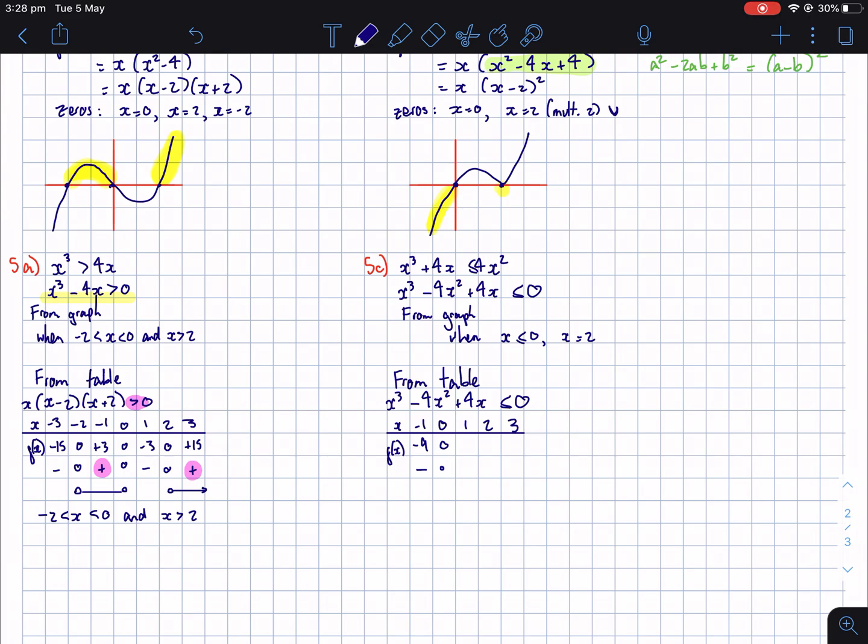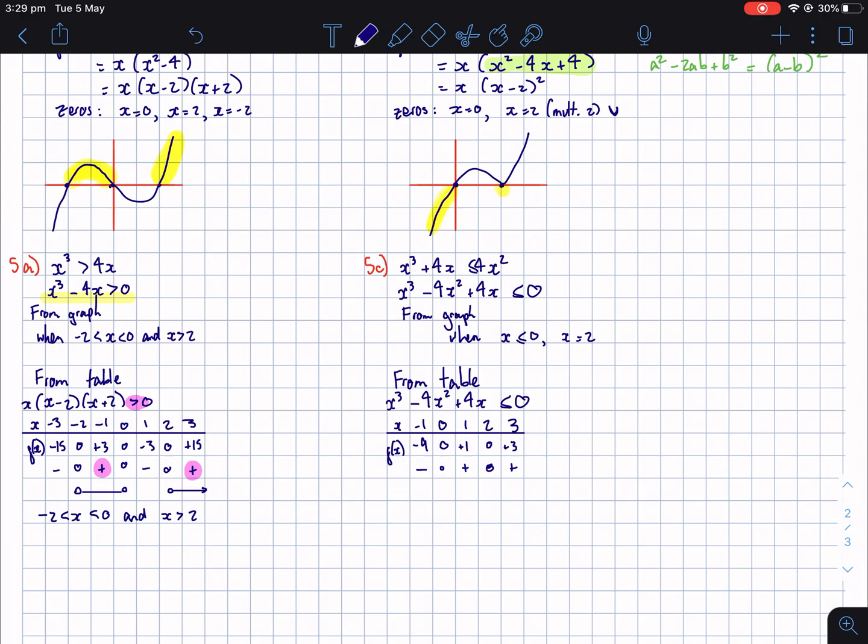Let's sub in positive 1. This is positive 1, which is positive. Let's sub in 2, comes out as 0. And let's try 3. It'll be positive again, we know from the graph, but let's see. Yep, positive 3, so it's positive again. So a squared is when it bounces back up.